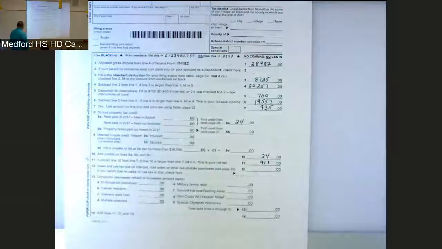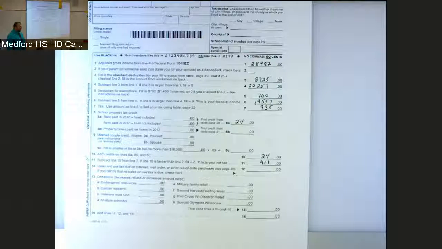Line 12, sales tax, and tax due on internet, mail order, or other out-of-state purchases. This is where, if you went to Minnesota to do school shopping, you should include the amount of tax you should have paid. You're supposed to.